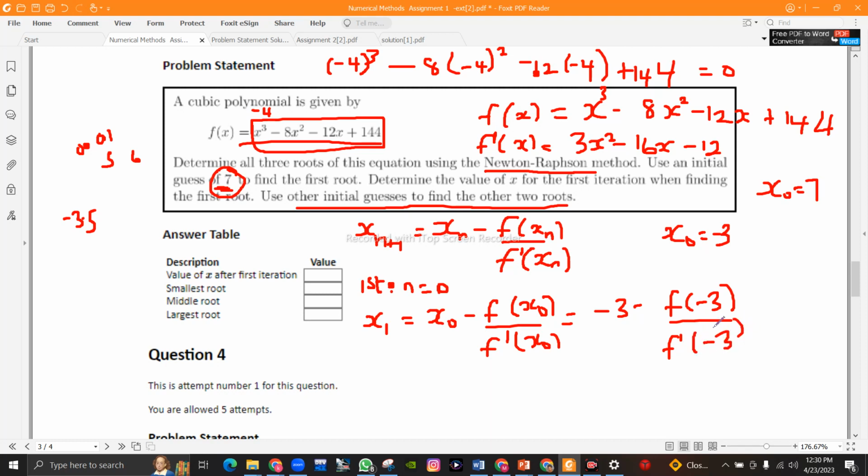So we solve that, put this inside this equation, and you're going to get -3 minus 1.28571. So that's -4.28571. The error is still high. The error is close to 1.2 something. So we still have to go to the second iteration. So let's go to the second iteration.